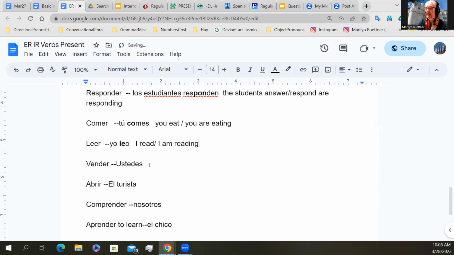Vale. Vender with ustedes. Venden. Ustedes gets the same kind of verb as ellos or ellas.